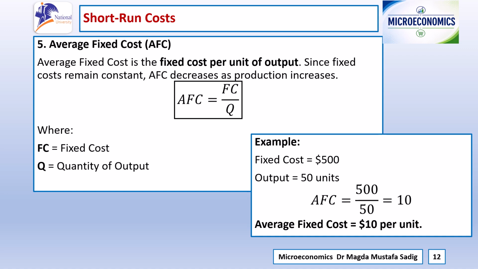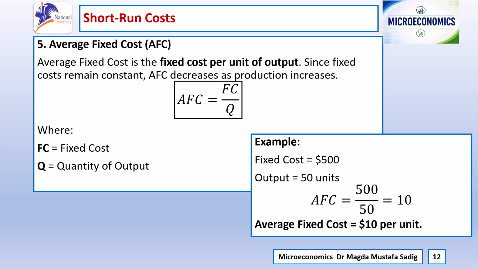Average fixed cost. Average fixed cost is simply fixed cost divided by output. As production increases, fixed costs are spread across more units. Therefore, average fixed cost always falls as output rises.